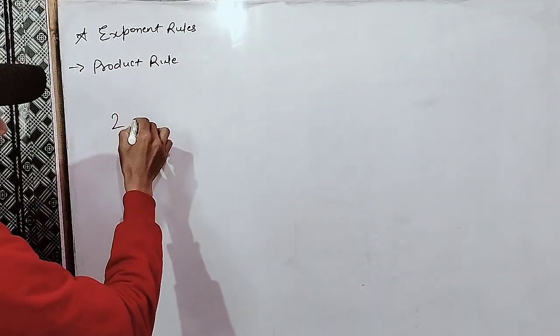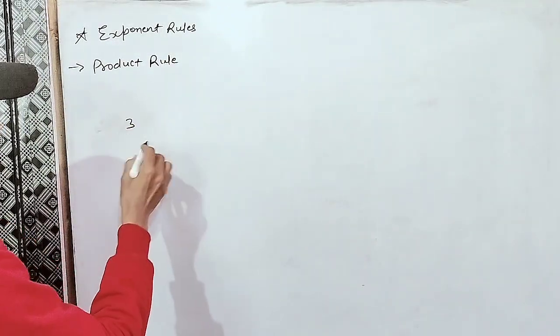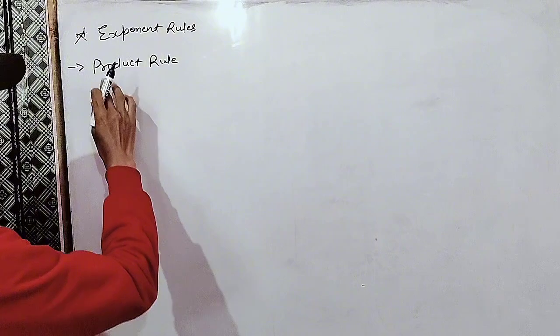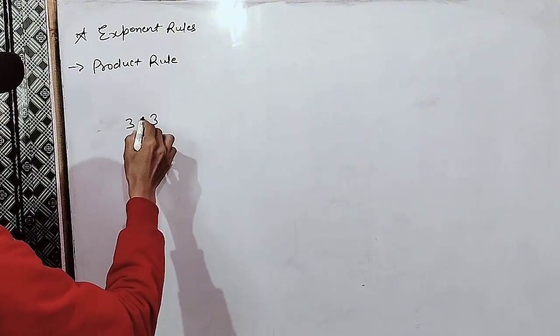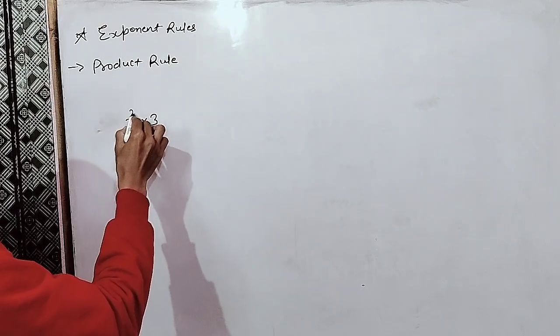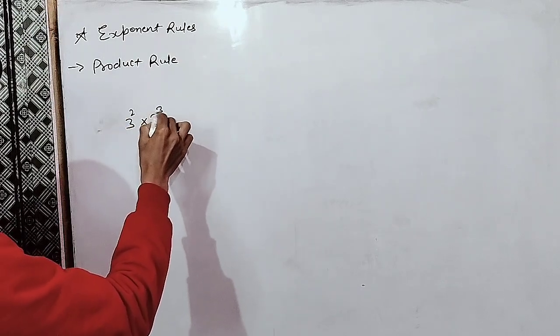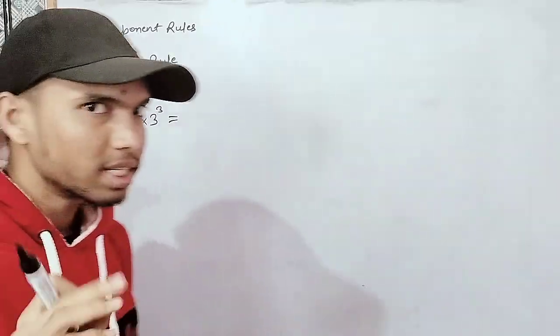You have a base, this base and this base. Product rule we are taking. So here, let's take 2 and 3. Clear? This operation is multiplication.